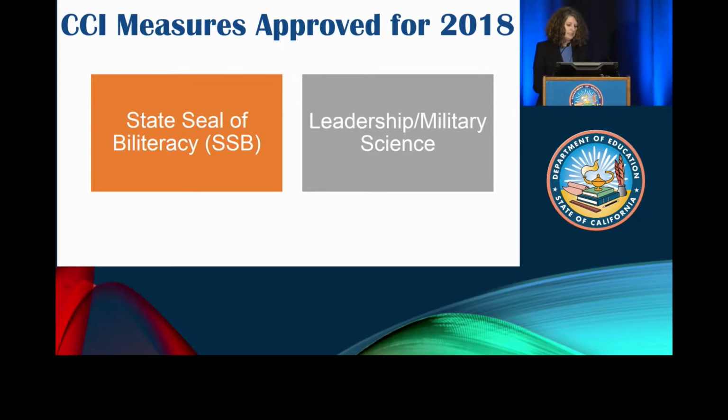And on the other test, they need to achieve at least a standard nearly met. So there is a testing component of this to ensure that the student, again, is prepared. To be considered approaching prepared, a student would only have to take 2 years of the Leadership Military Science coursework.